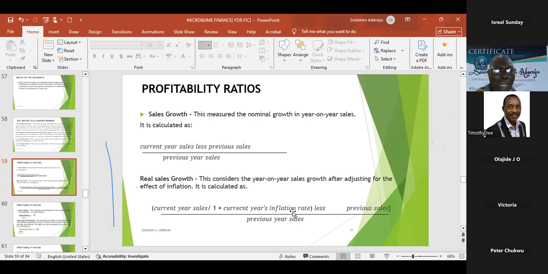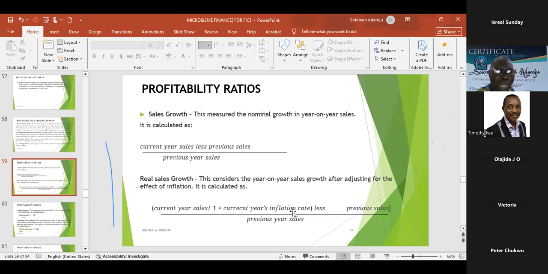For example, if the sales in 2023 was 400 million, and the sales in the year 2024 is 600 million, and the rate of inflation in 2024 is 20%, you have to use a discount rate of 1 plus the rate of inflation. So the 600 million recorded in 2024, you will discount by dividing by 1.2.